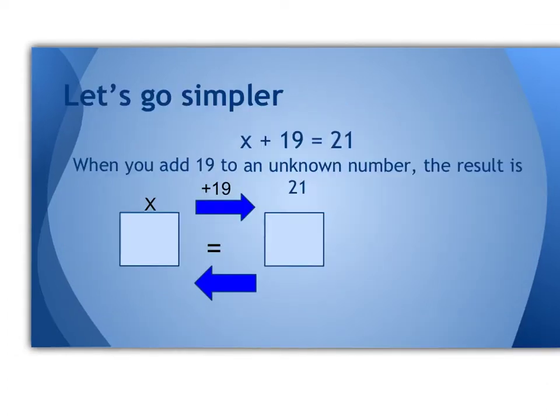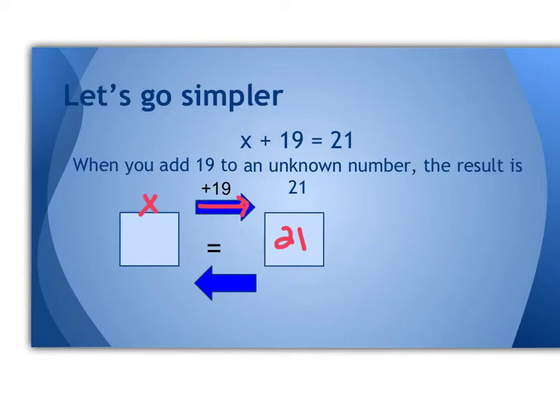Let's go a little simpler now. x plus 19 equals 21. When you add 19, if you look at the diagram, to an unknown number, the result is, so you have a variable x, and now we're going to add 19 like it does in the problem, order of operations. We're going to get 21.